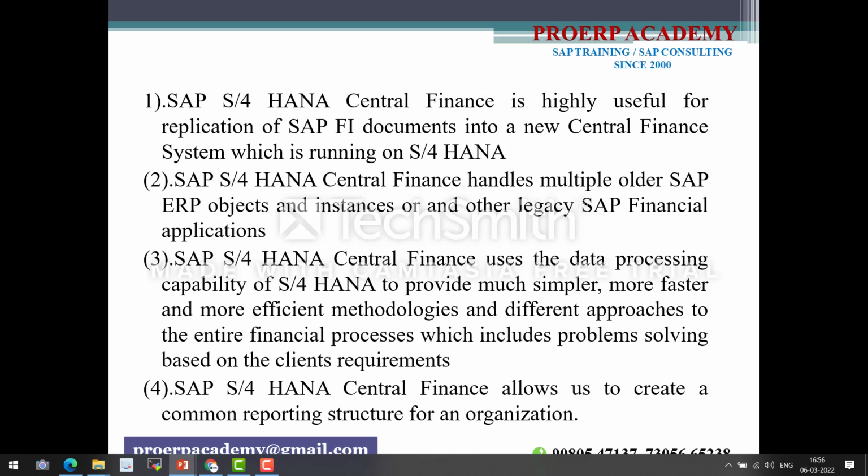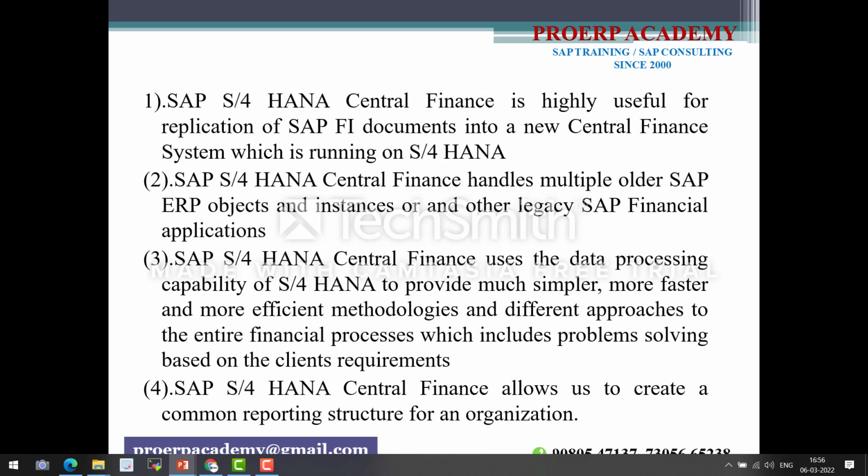That means the replication of the entire organizational structure from FI, the replication of general ledger accounting configuration from FI. It includes the replication of accounts receivables and accounts payables from the traditional SAP FI system, that is our traditional ECC system.